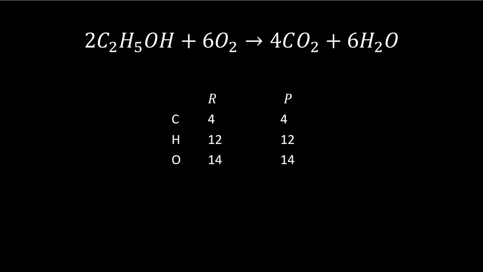Now, the issue here is that our coefficients all have some number that we can divide each one by. And when it comes to balancing a chemical equation, if you can divide all these coefficients by some number, divide it by that number. So in this case, we have 2, 6, 4, and 6. We would instead just divide each number by 2 because they're all even.